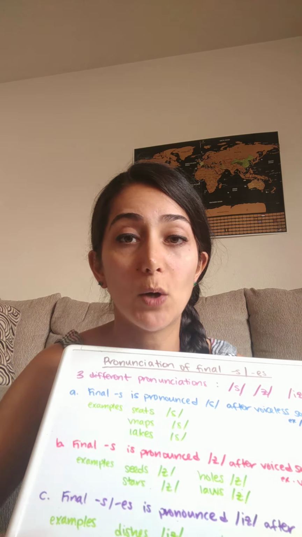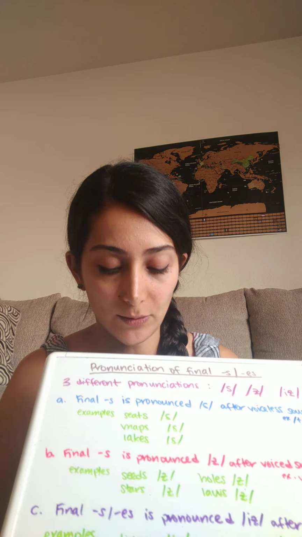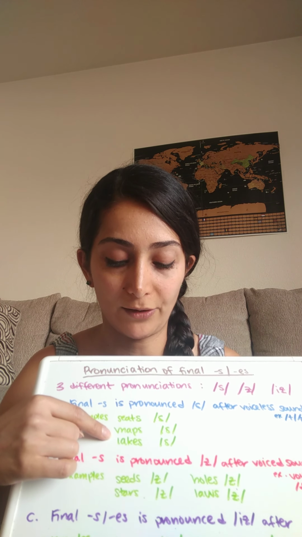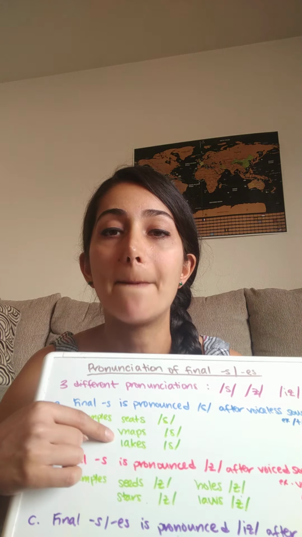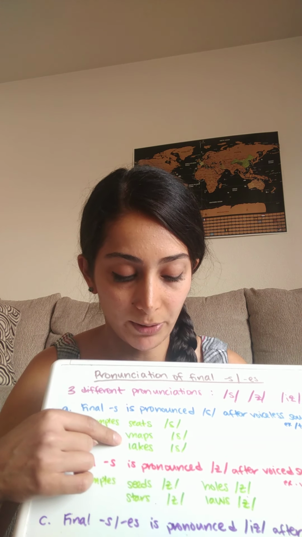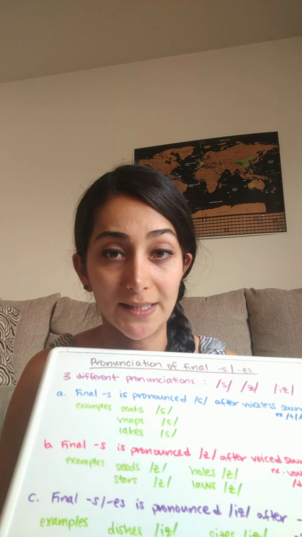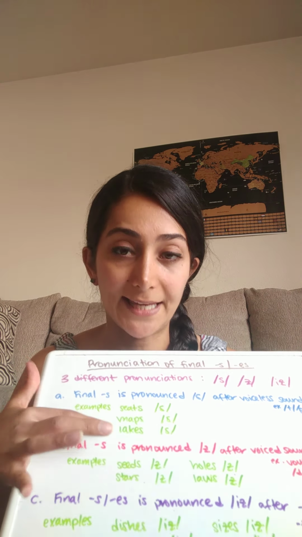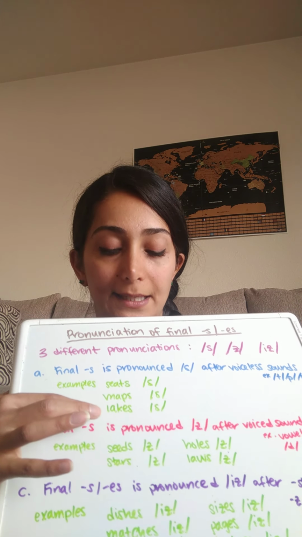We're going to keep going with another voiceless sound. Maps. Same thing. The singular form is map, which ends with that voiceless p sound. So we continue with a voiceless s sound: maps. Lakes.